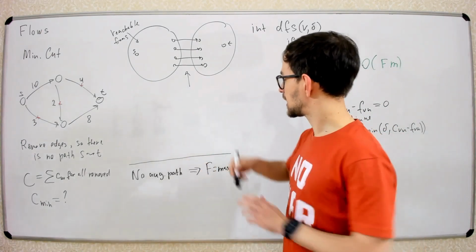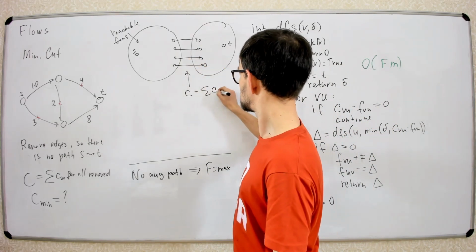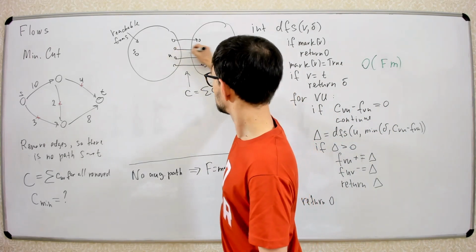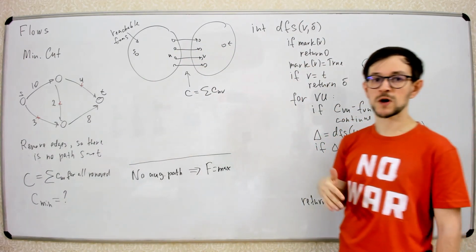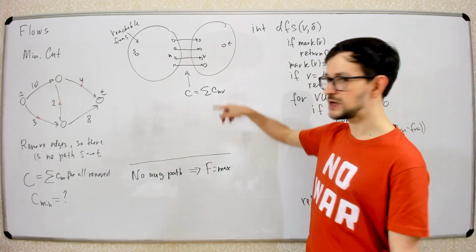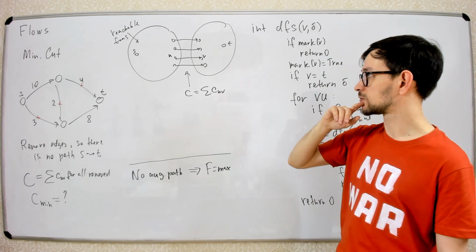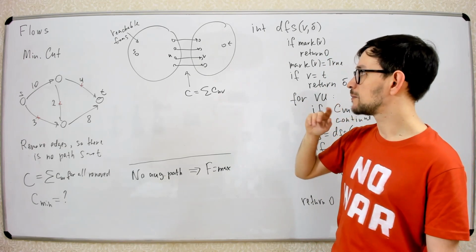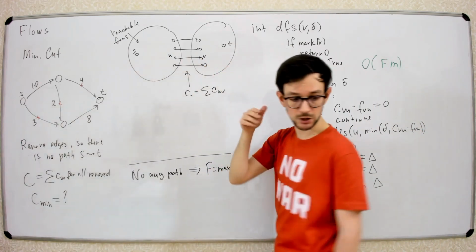The value of this cut will be the sum of all C_UV for all edges from here to here, right? What can we say about the maximal flow? If we say that this C_UV is actually the capacity, and look at this as a network flow problem, what can we say about the value of the maximal flow from S to T?